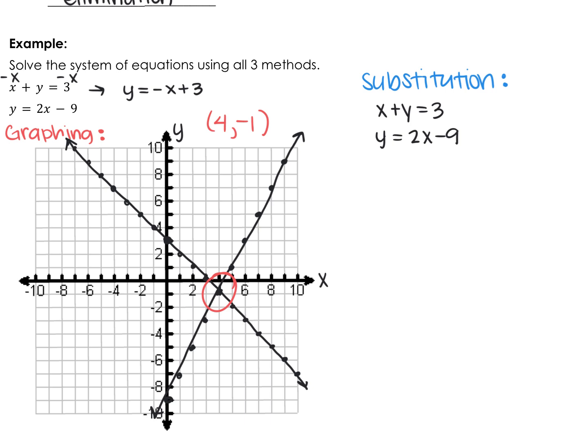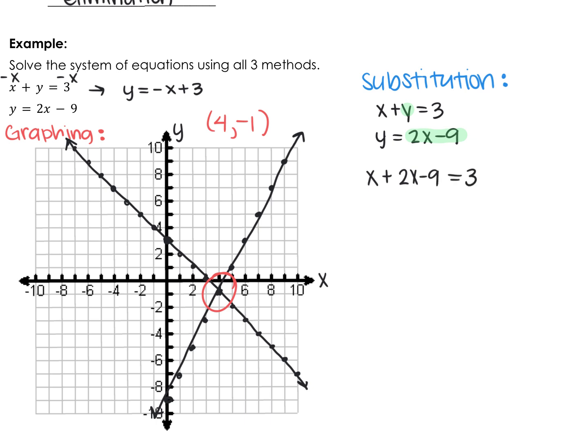We know what y equals. Y equals 2x minus 9. So what I can do is I can substitute that in for my variable y in my other equation. So it becomes x plus 2x minus 9 equals 3.